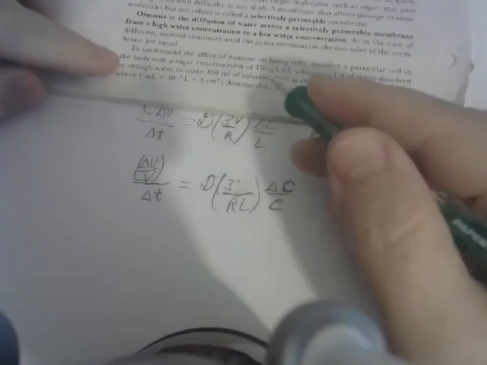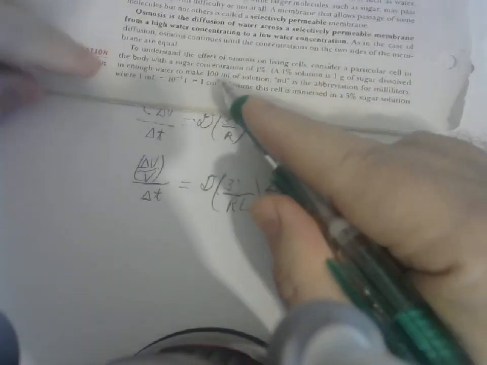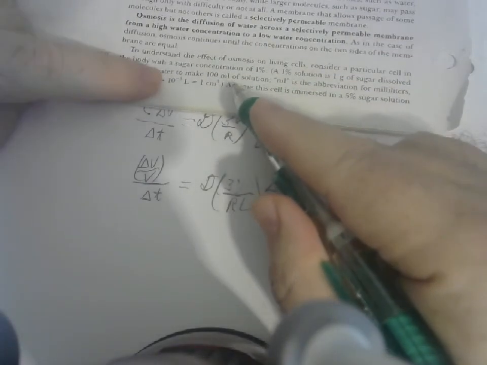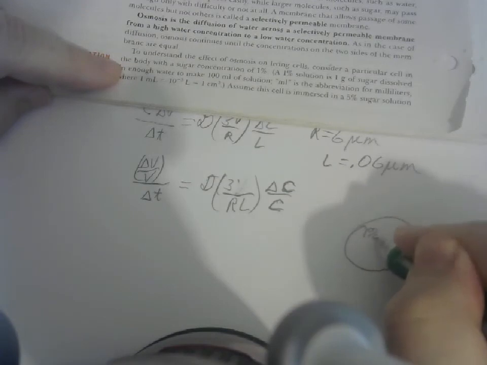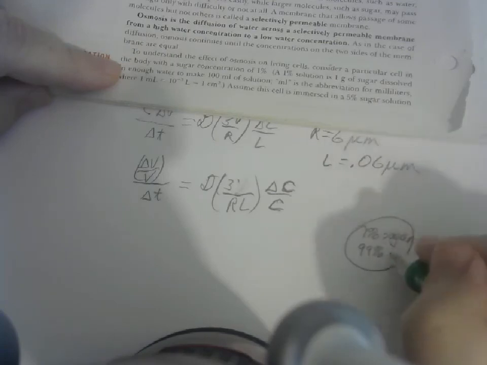Now they've got a couple of examples of this. For instance, they have a particular cell in the body that has a sugar concentration of 1%, and so it's got a 99% concentration of water.